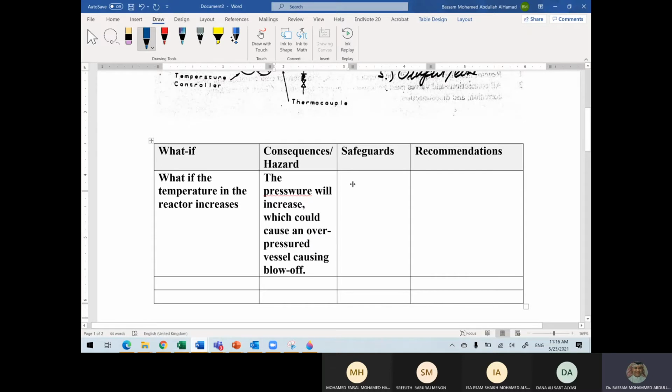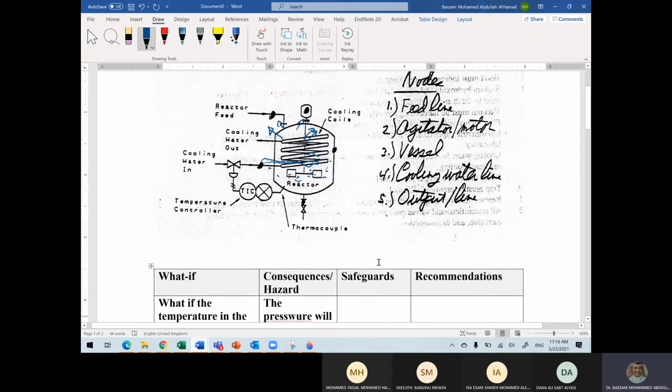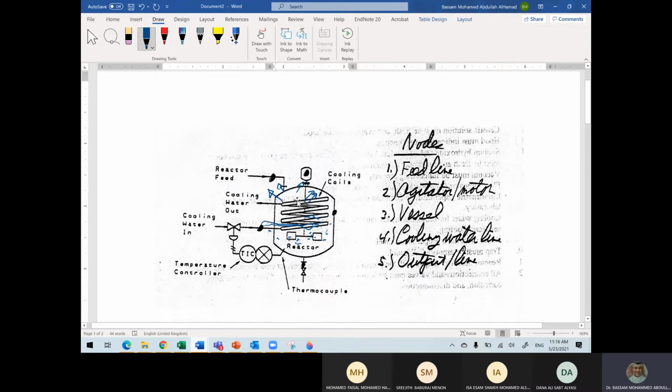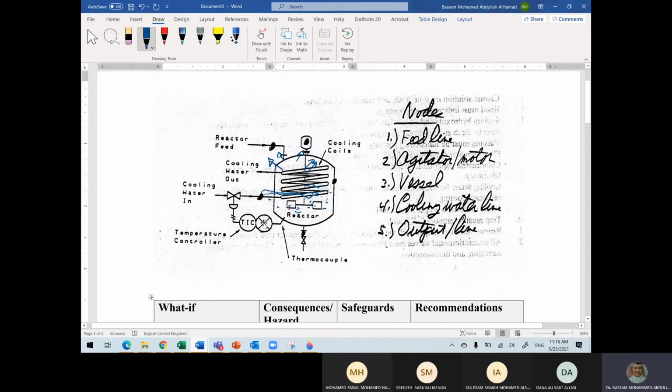So safeguards, what are the safeguards? Now, looking at our figure here, we already can see that there's a temperature controller, which prevents the temperature from running away.